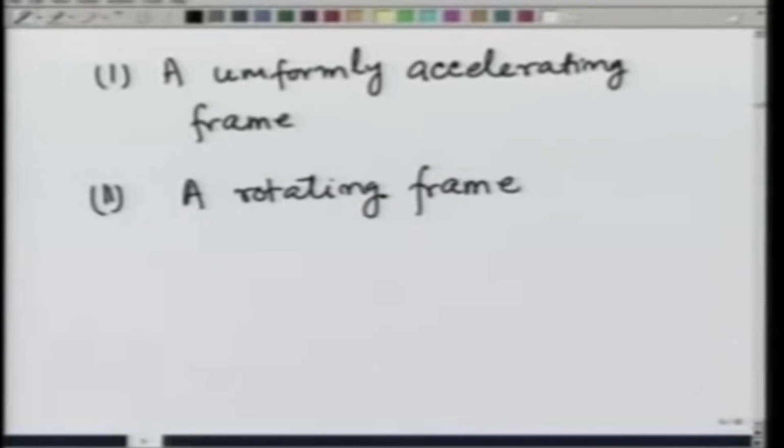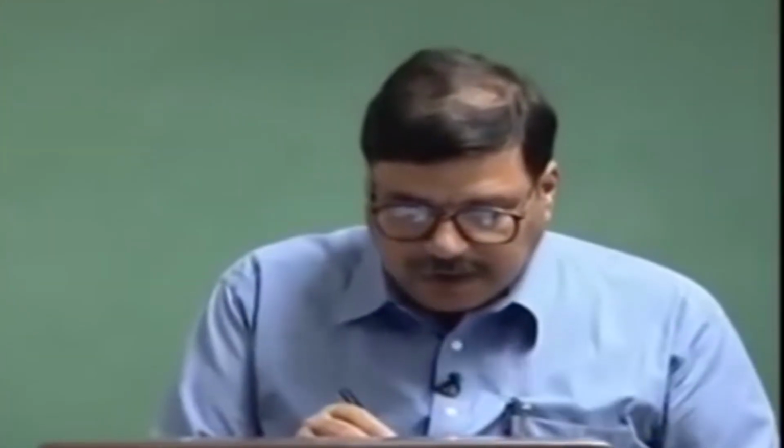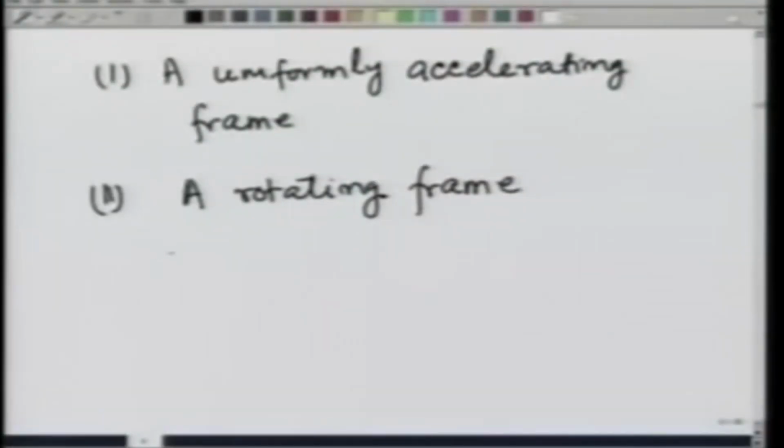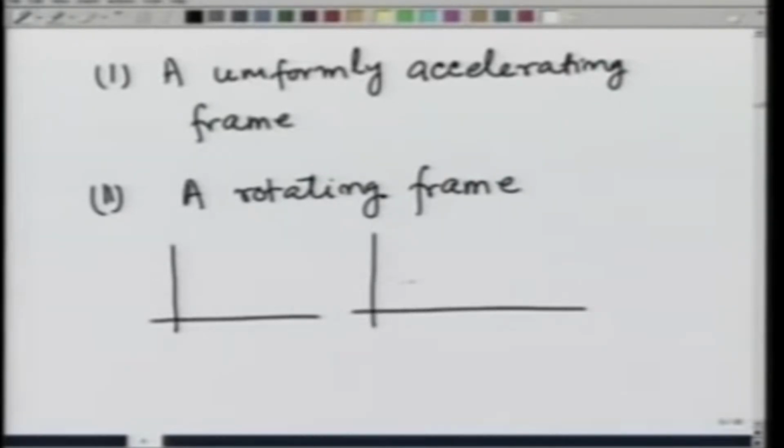How an acceleration can arise in such frames without an apparent force can be seen if you consider a uniformly accelerating frame. Suppose you are in a car which is accelerating in a particular direction with acceleration a.